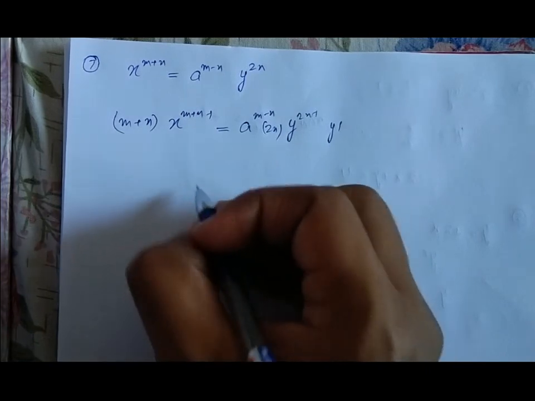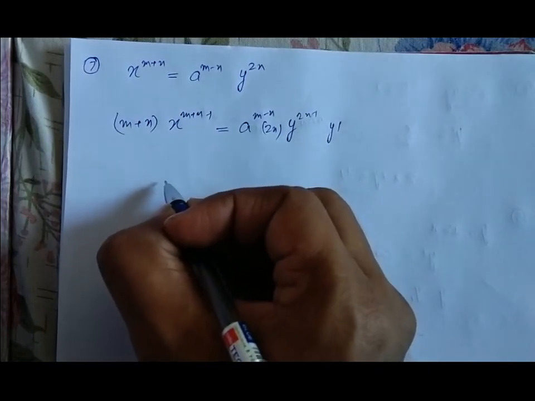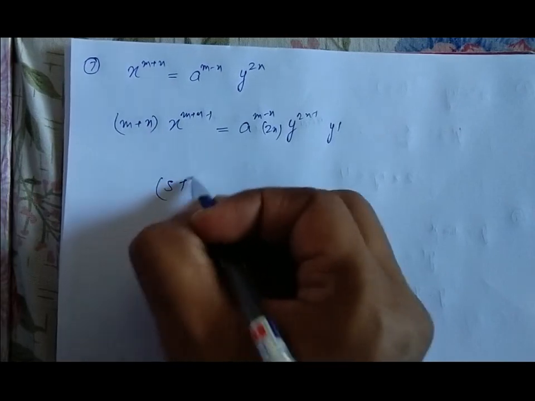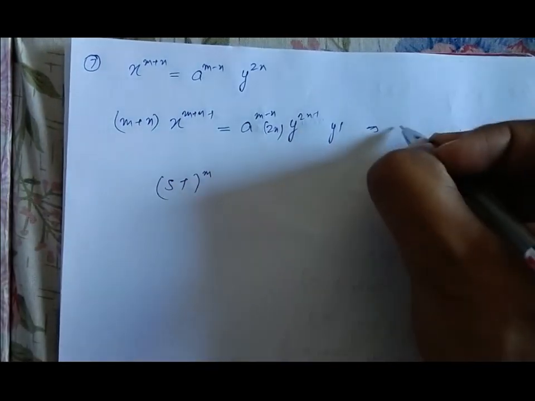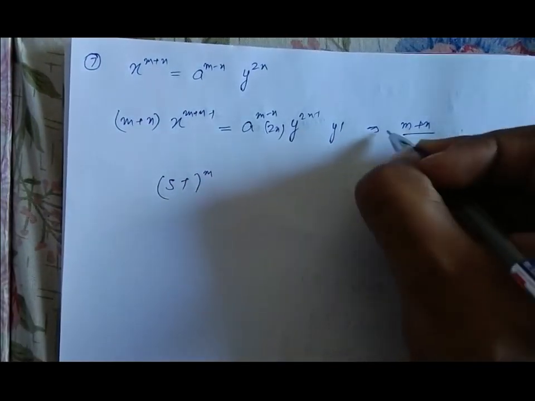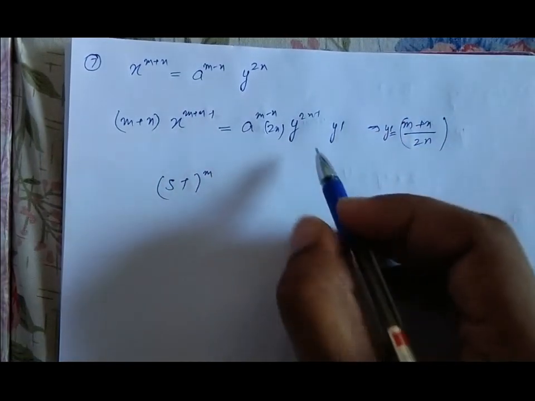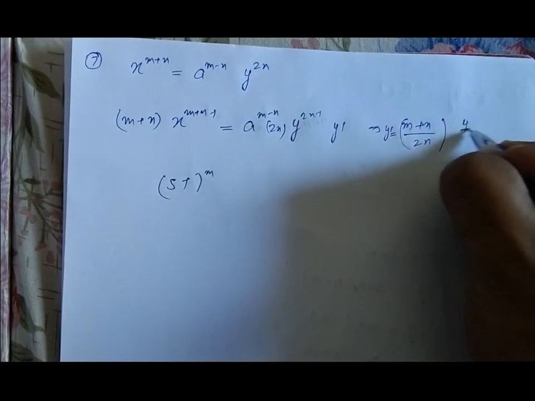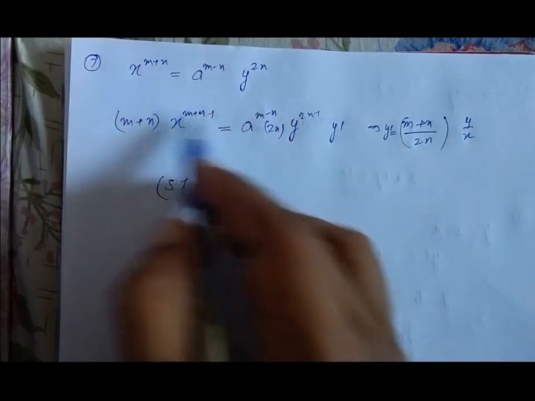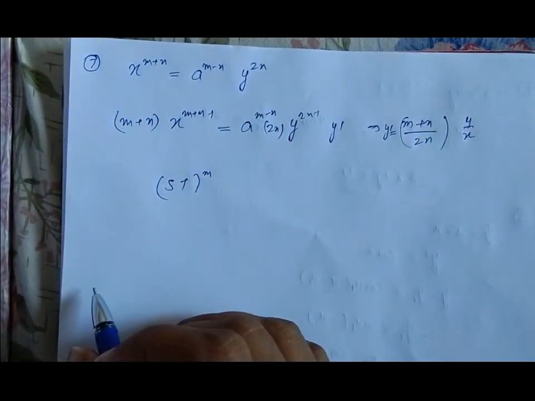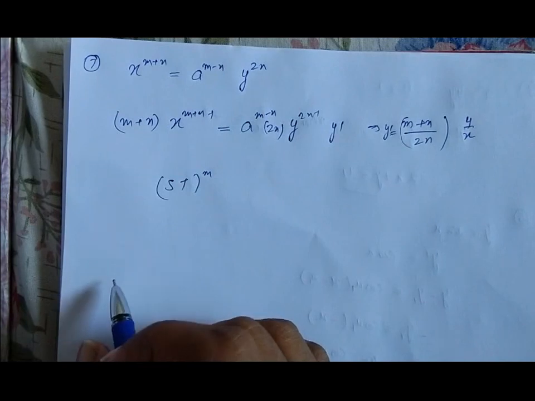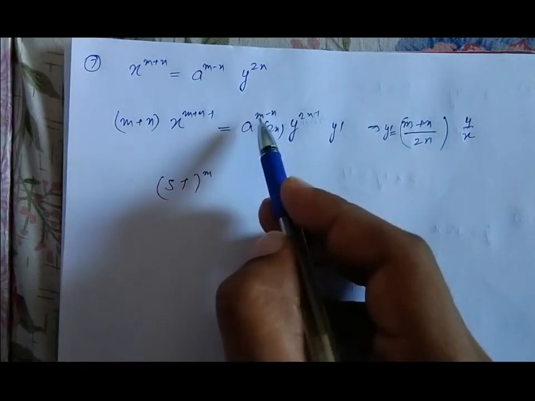So see, subtangent to the power m, this can be written as y by x using this equation. Put the value of a power m minus n over here.